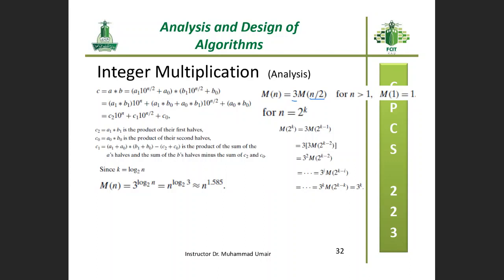So the recurrence will look like M(n) equals 3M(n/2). Is that clear? You need 3 multiplications for every recursive call, and with every recursive call, the problem size will be reduced to half of the elements. Is it clear?